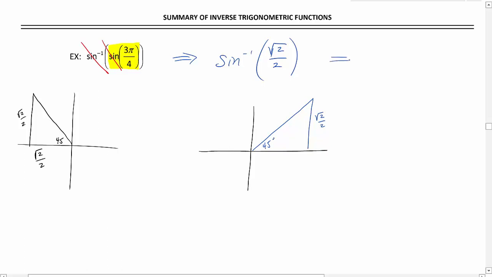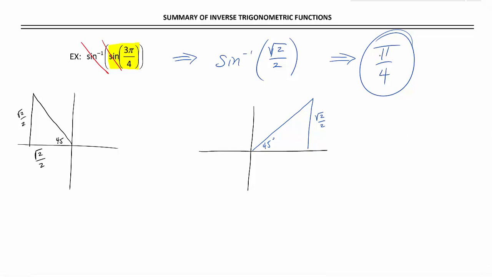So we're going to get a final answer here. Make sure it's in radians: pi over 4. So it's really important. You just can't cancel out an inverse trig function with a trig function. You won't necessarily get the correct answer because of that restricted range.